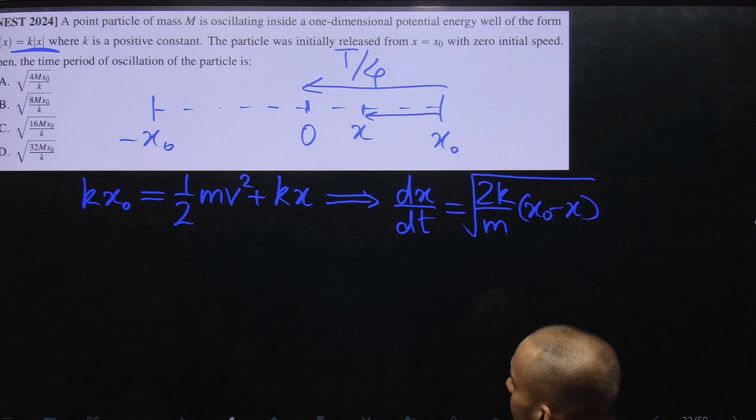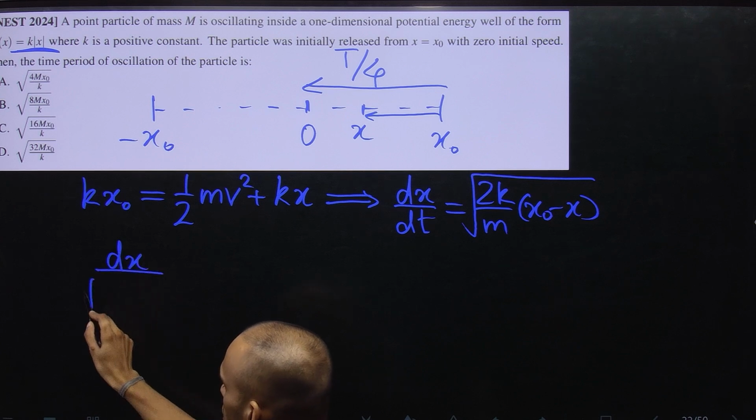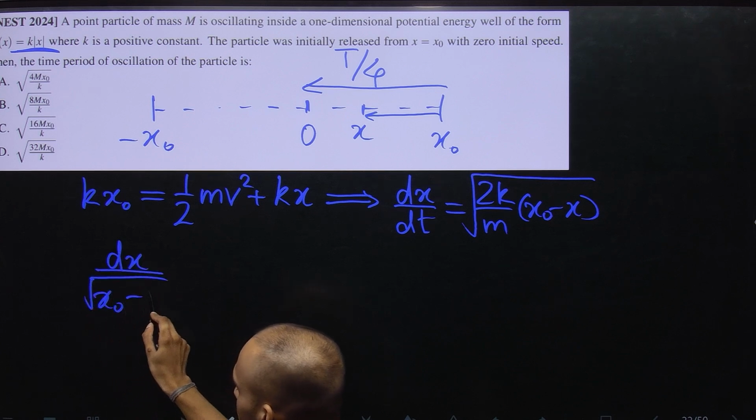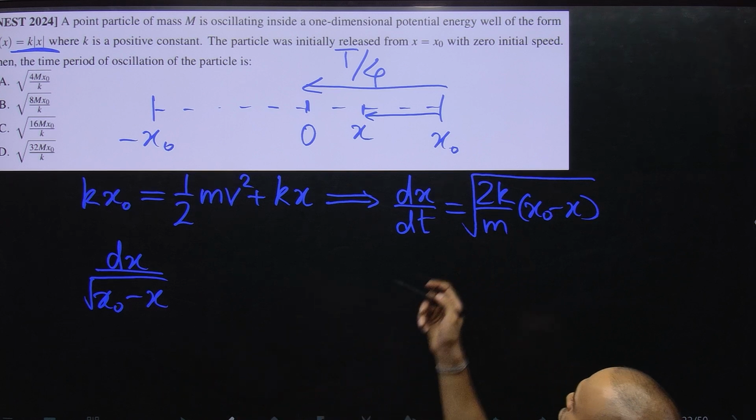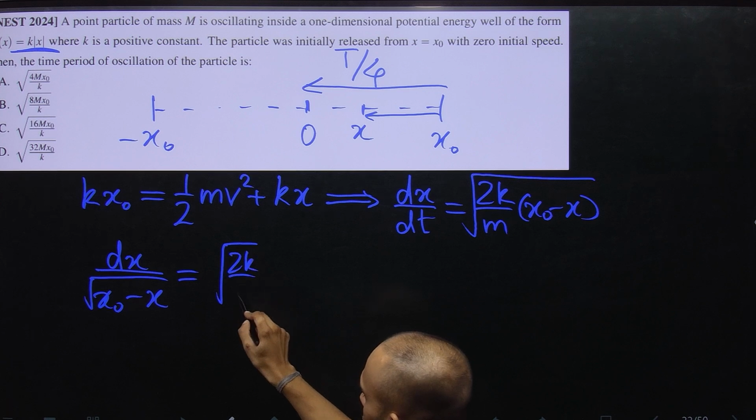Let's see, dx over root of x naught minus x, and 2k by m we can keep constant on the RHS, multiplied with dt.